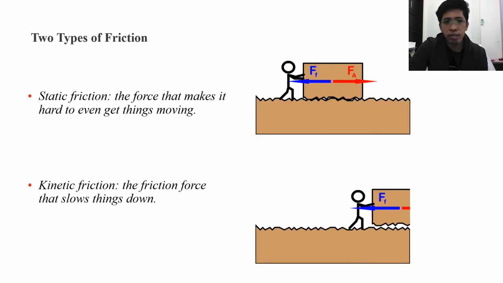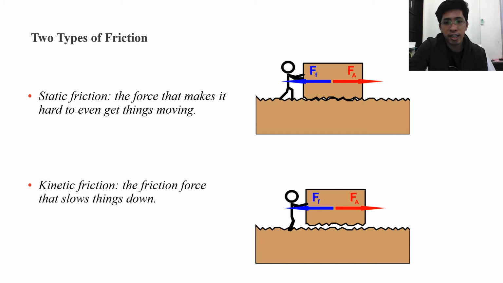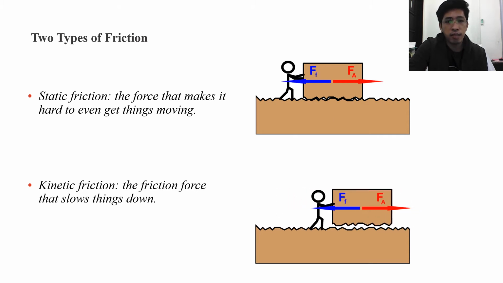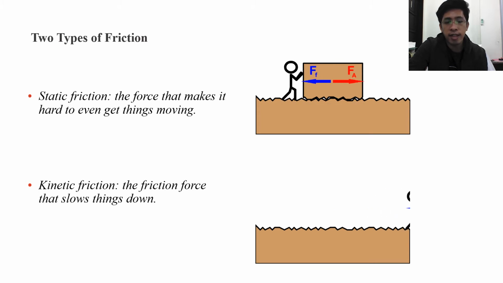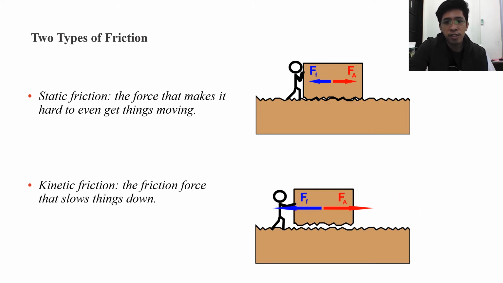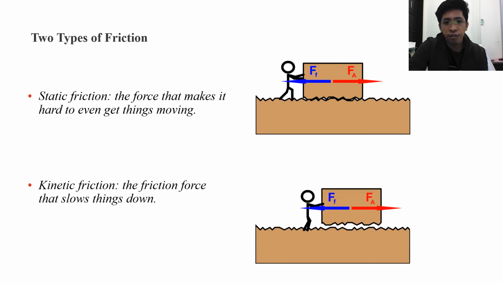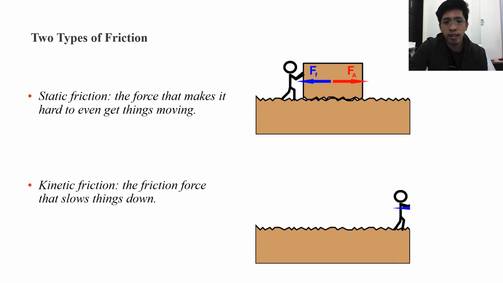We have two types of friction. The first is static friction. This is the force that makes it hard to even get things moving. In the figure, the moment you try to push something to make it move, the force that resists this movement is static friction.